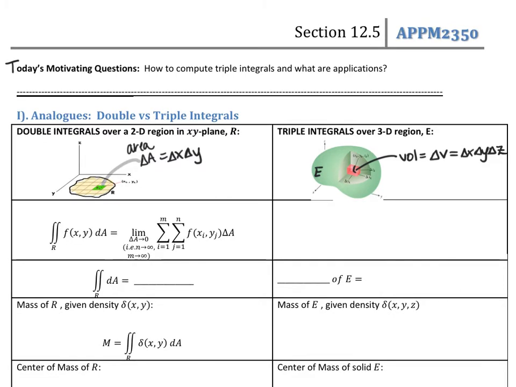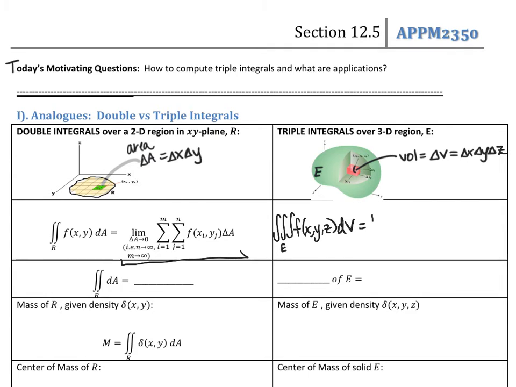And then we defined the actual double integral as this limit of this double Riemann sum. And what's going to happen now when I do a triple integral is I'm going to be integrating over this region E, and I'm going to be integrating a function of 3 variables. And we're going to use dV for my volume element instead of dA.